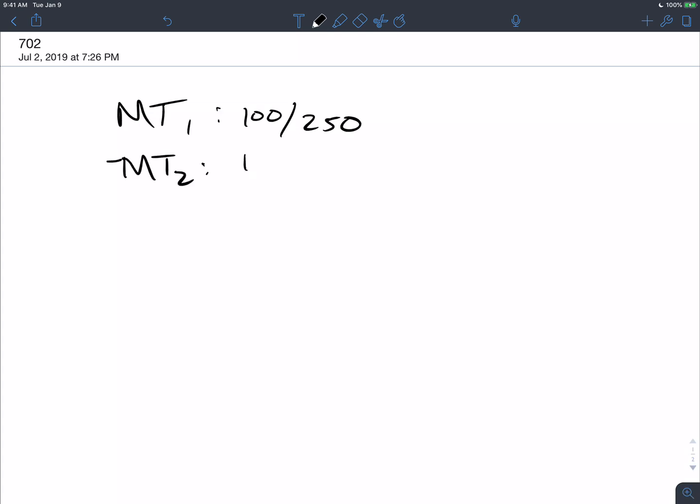Let's say 120. On the final, I get 99 out of 250. I think he's trying to say 99 out of 250 would be the highest out of everyone. The final's out of 400 points. Oh, just kidding.